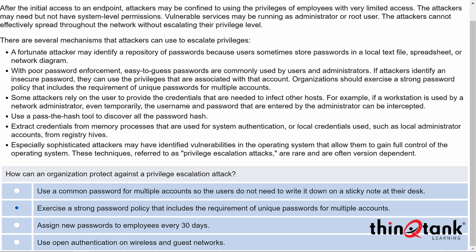So I would say assigning passwords to employees every 30 days might help, but it's only one small facet of everything that we try to do with a secure or strong password policy. Use open authentication on your wireless network, meaning no authentication. Certainly not, right? That's not something that we would want to do in any event, and it definitely wouldn't help mitigate this particular issue.